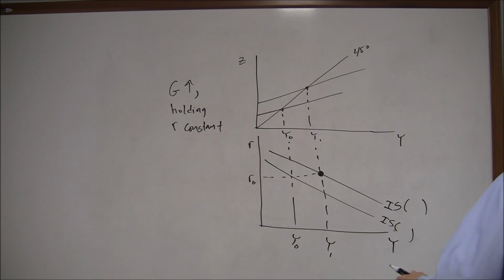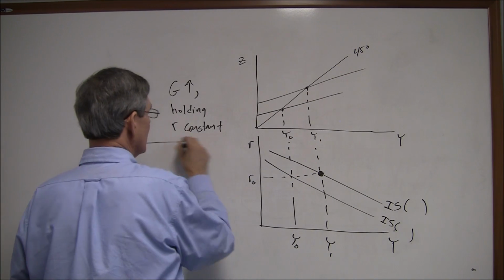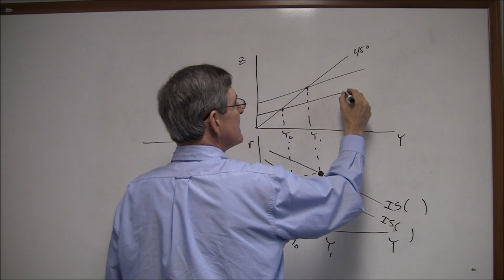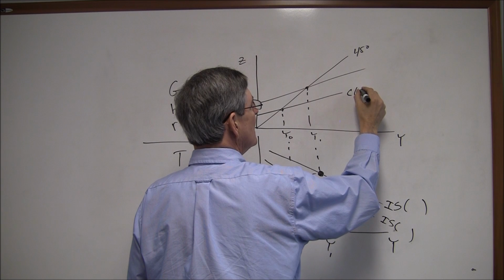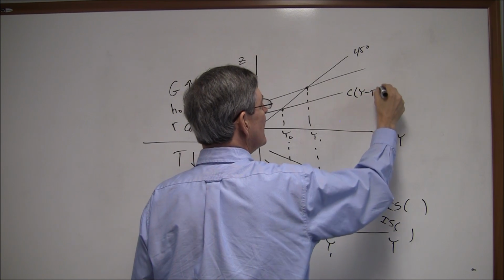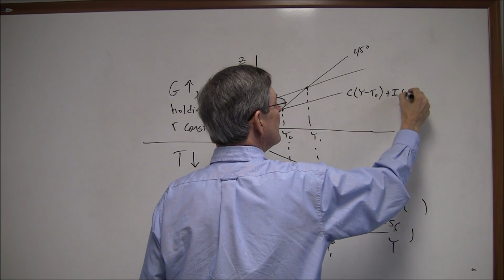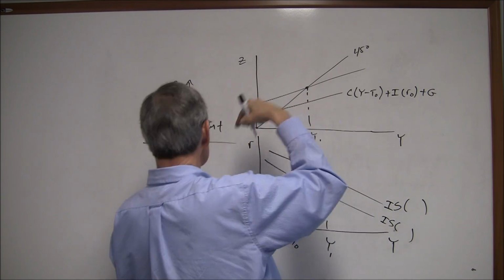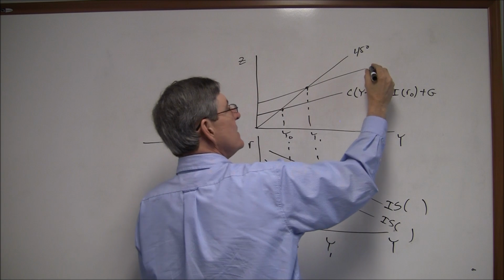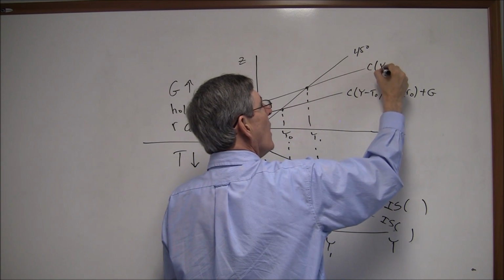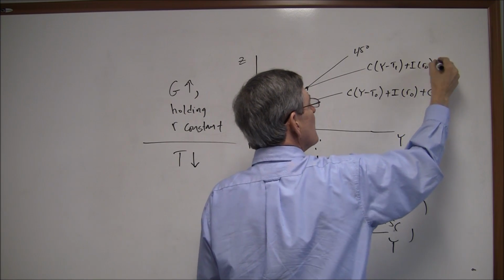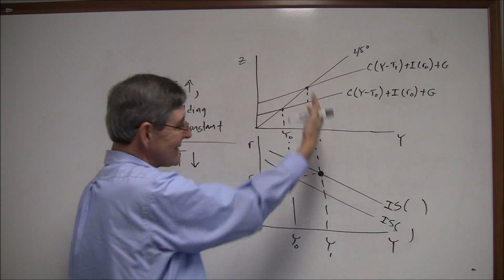Let's do a tax cut instead. Well, it's exactly the same, except you have C of Y minus T0 plus I of R0 plus G. And in this one, taxes went down, so it shifts up: C of Y minus T1 plus I of R0 plus G. So again, it's exactly the same.